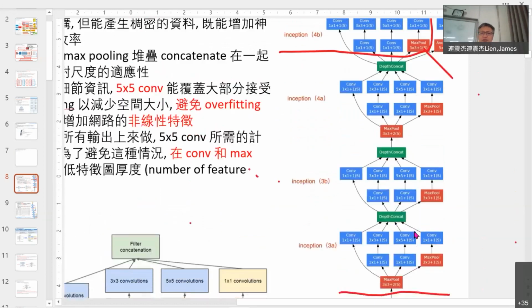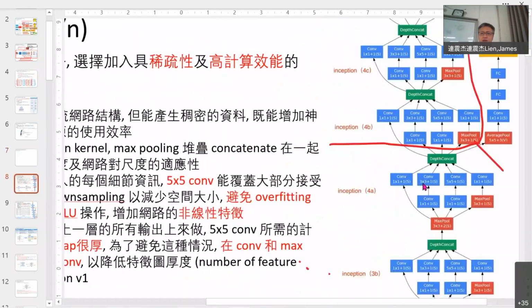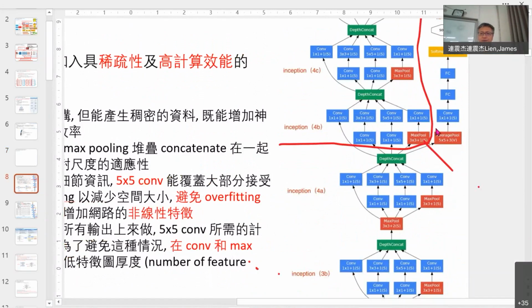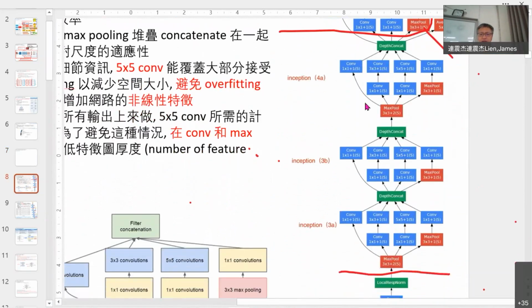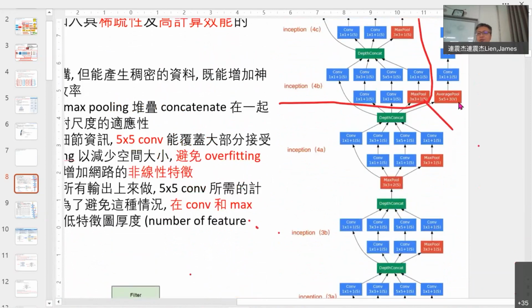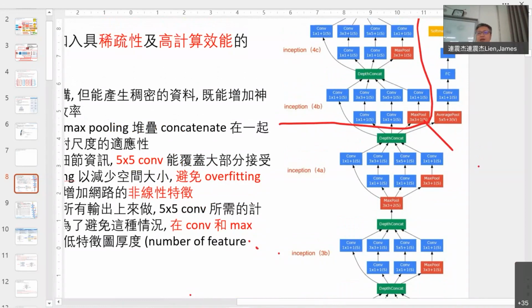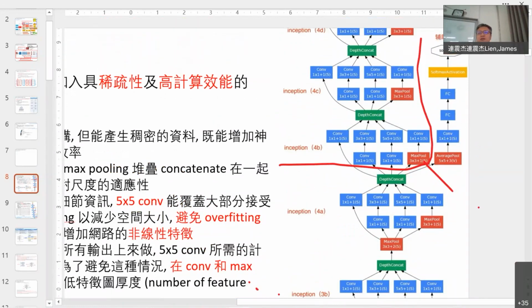See, in the global structure they have three blocks. The first block is from here, with three inception modules, 1, 2, 3. Then here is average pooling, then fully connected and softmax output. So this total is one big block. After this training, they felt the result was not good enough.